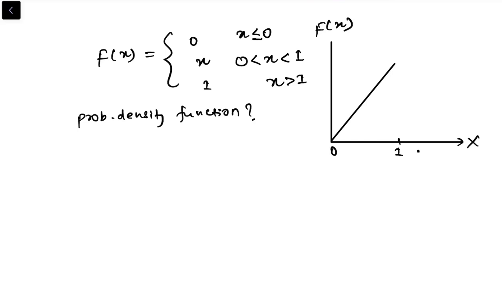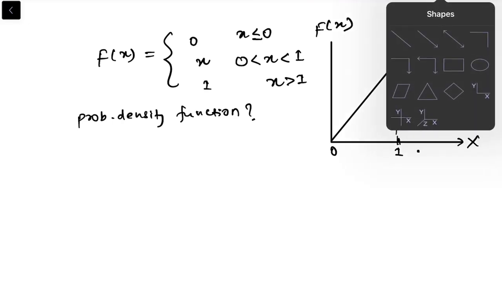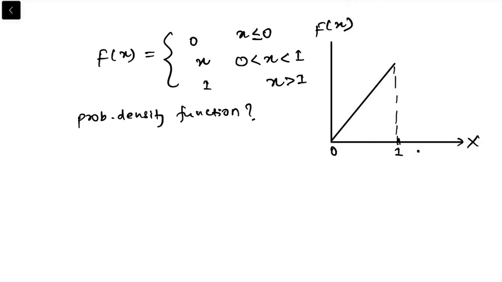So suppose this is the graph until 1, and after 1 the graph is a horizontal line parallel to the x-axis. Clearly we can see that the random variable is a continuous random variable because the graph is no longer a step function. All right, so this is a continuous random variable.